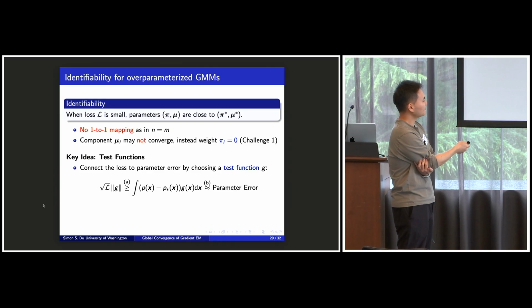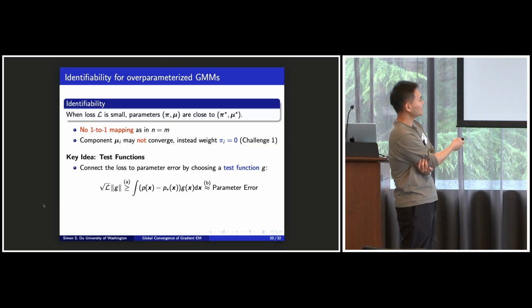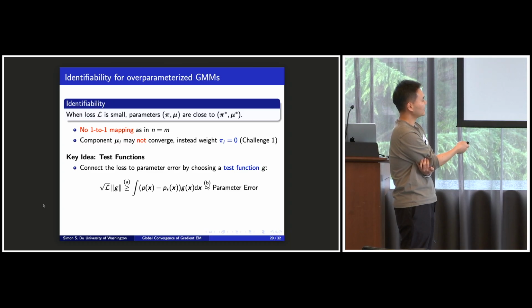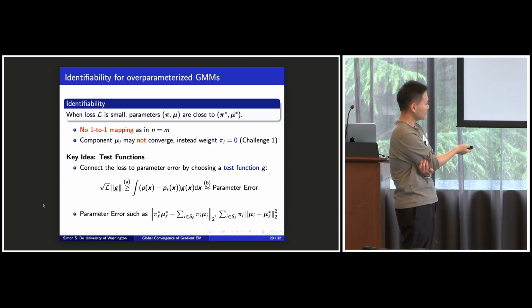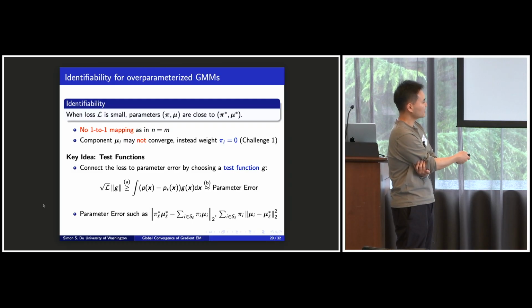The general idea is to use some test function g, such that the square root of the loss upper bounds, you can see here, the difference of the expected value of g between p and p star, and we further relate this difference of expectation to the parameter error. The parameter error is what we said is the identifiability condition: the linear term converges to 0, and this quadratic term converges to 0.